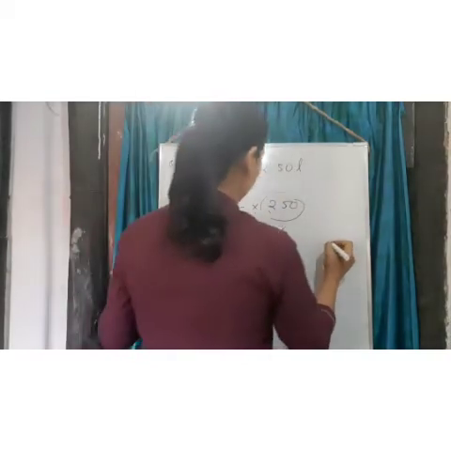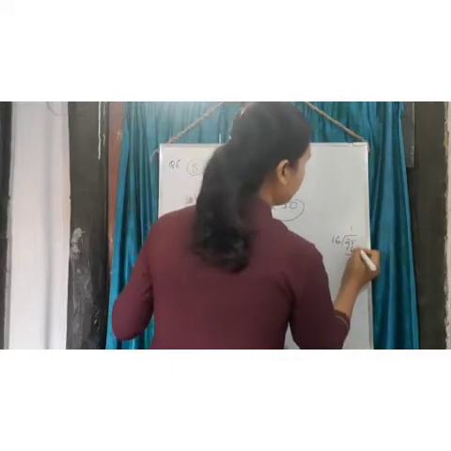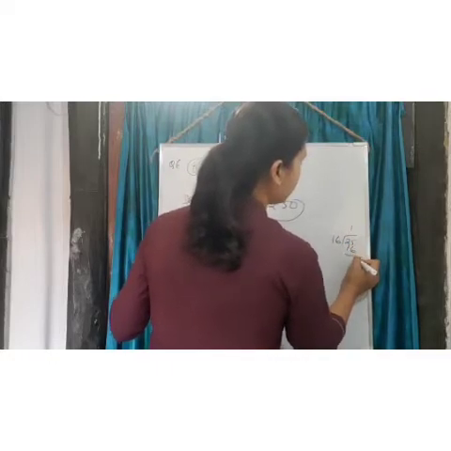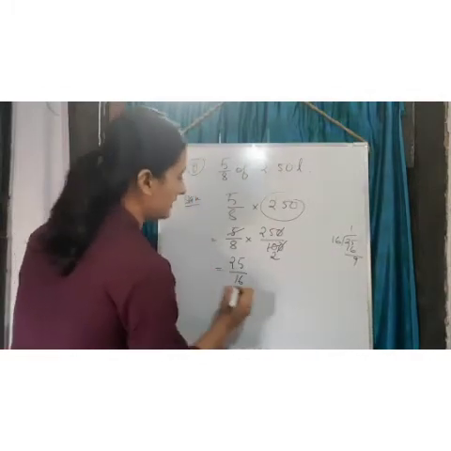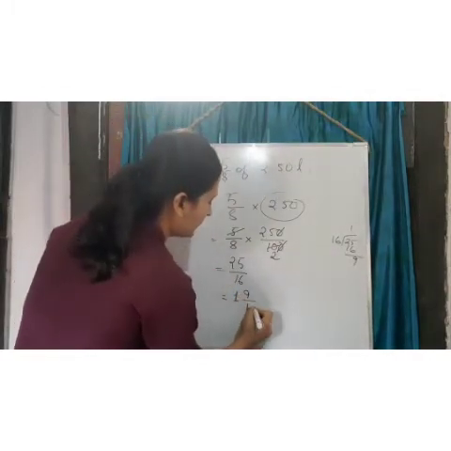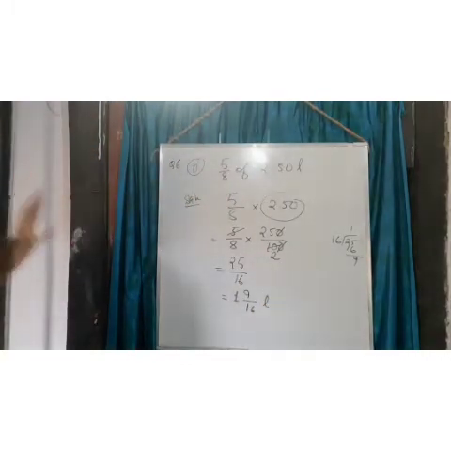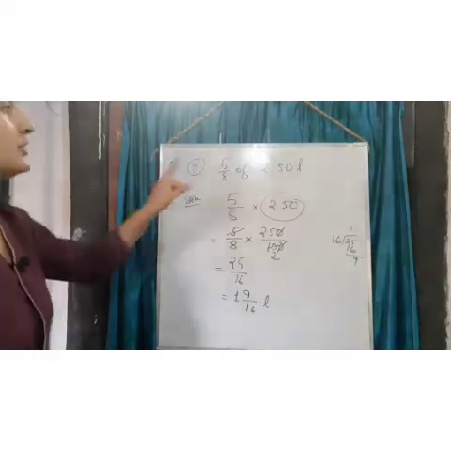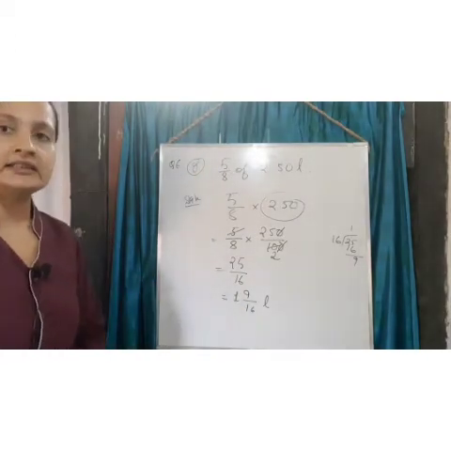So let us see. 25, 16 1 16. So 25 minus 16 is 9. Correct? So it means 9 by 16 liter. Am I clear? So 5 by 8 part of 2.50 liter will be 9 by 16 liter.